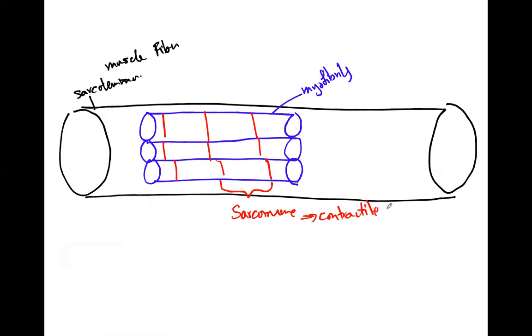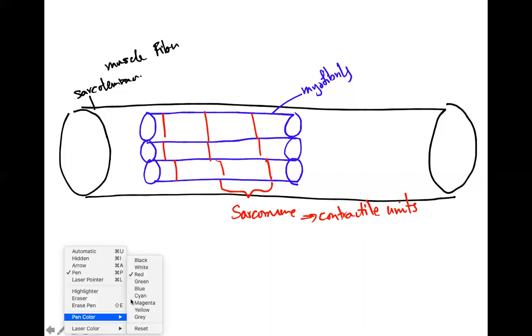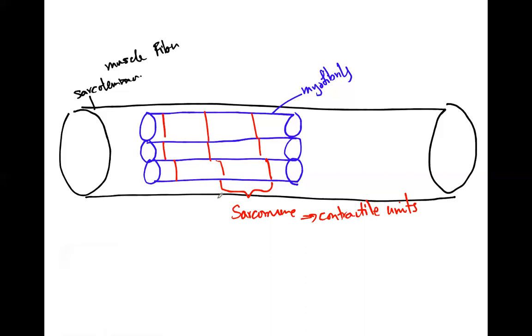So these are your contractile units. What can I find inside my sarcomere are two things. The thick filaments, which are myosin, and I'm only going to draw a few of them, but assume it's repeated for all of these. So these ones are my myosin, which is also called the thick filament.